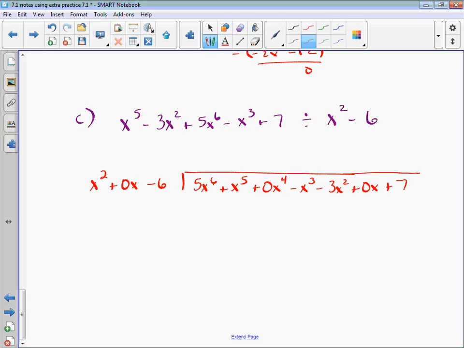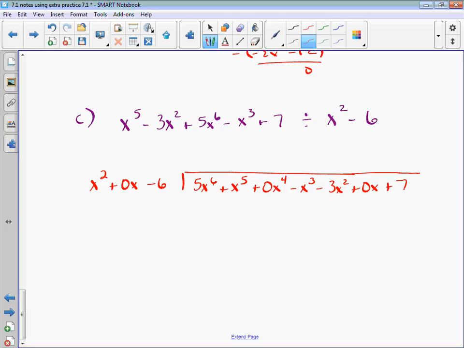That's pretty. All right guys, that's what it should look like when you start. You have to be aware that when you multiply, things won't line up.